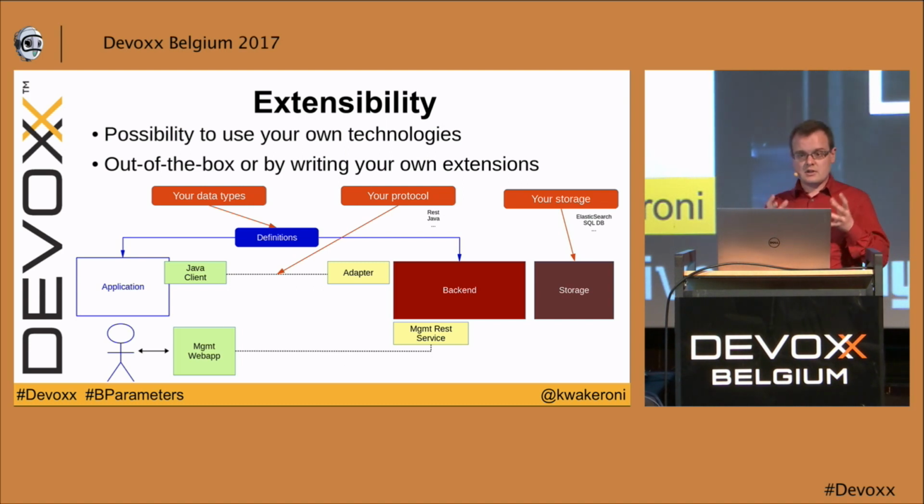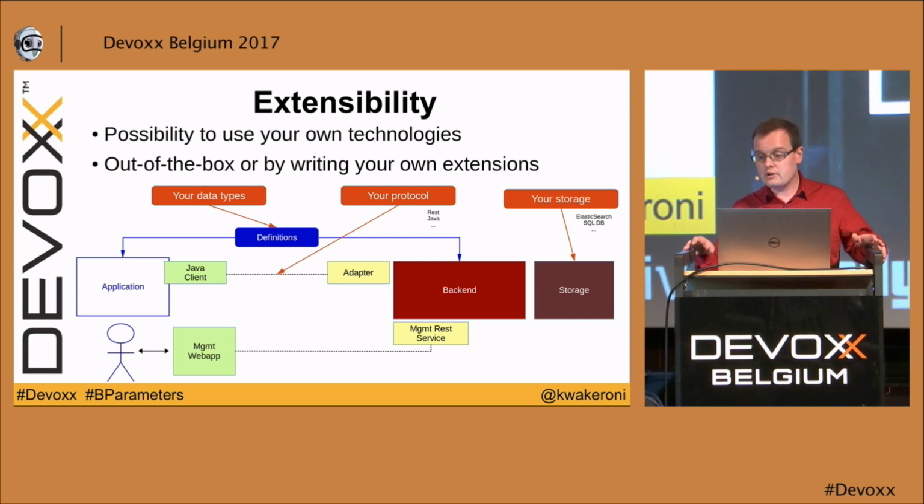So we want it so that you can enter in this system your own data types, that you can use your protocol to interact with it, and that you can use your backing storage to make it easier and not to require you to install other servers or database servers that may not already be in your infrastructure.